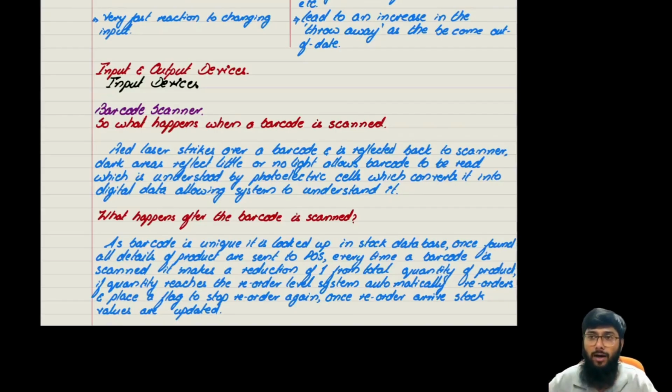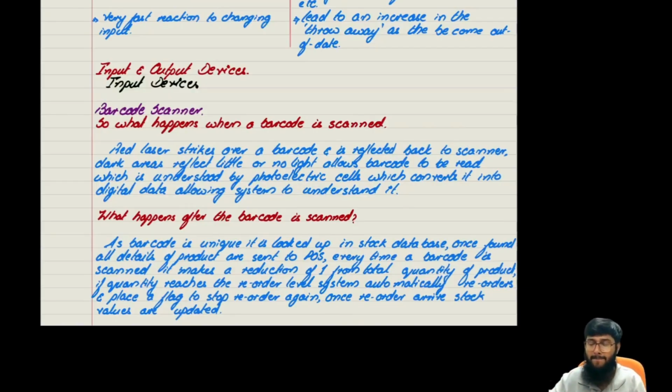As you might have seen, the barcode scanner has a red laser light. That laser light strikes that particular barcode, and it reflects back. It reflects back only from the white areas, and it does not reflect back from the black area. Or if it is reflecting from the black area, it is a very minor amount that you may consider as not reflecting back.